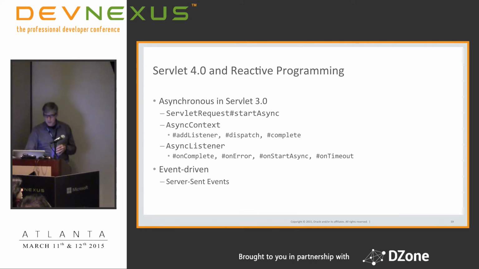With async, you say to the servlet request, start operating in async mode. And then once you're in async mode, you can add listeners, do dispatches, and indicate completion. And the AsyncListener has these methods: onComplete, onError, onStartAsync, onTimeout. These are the reactive affordances in the Servlet API.